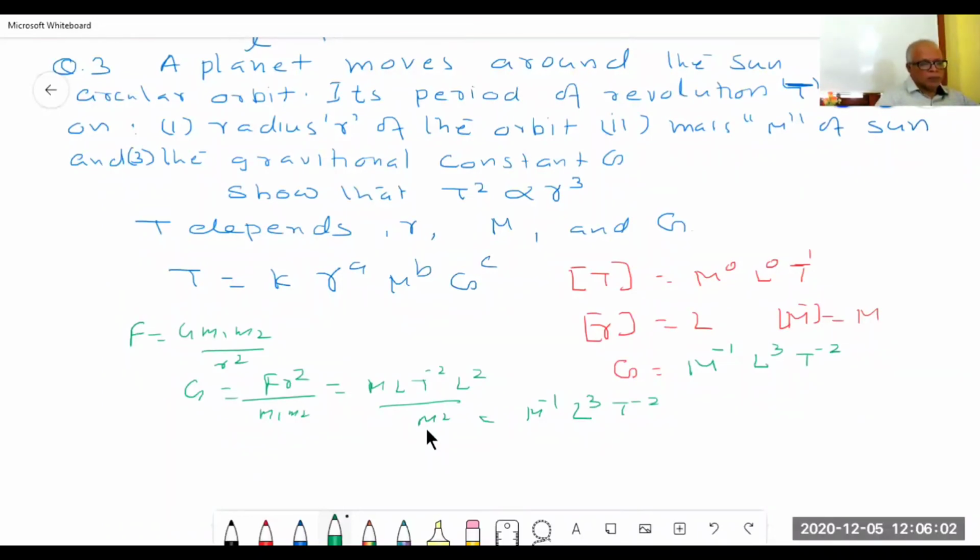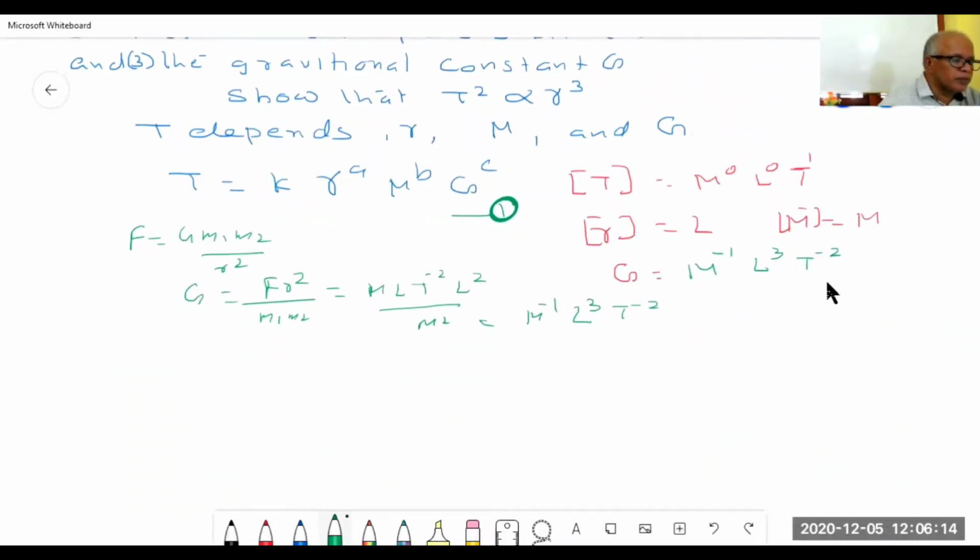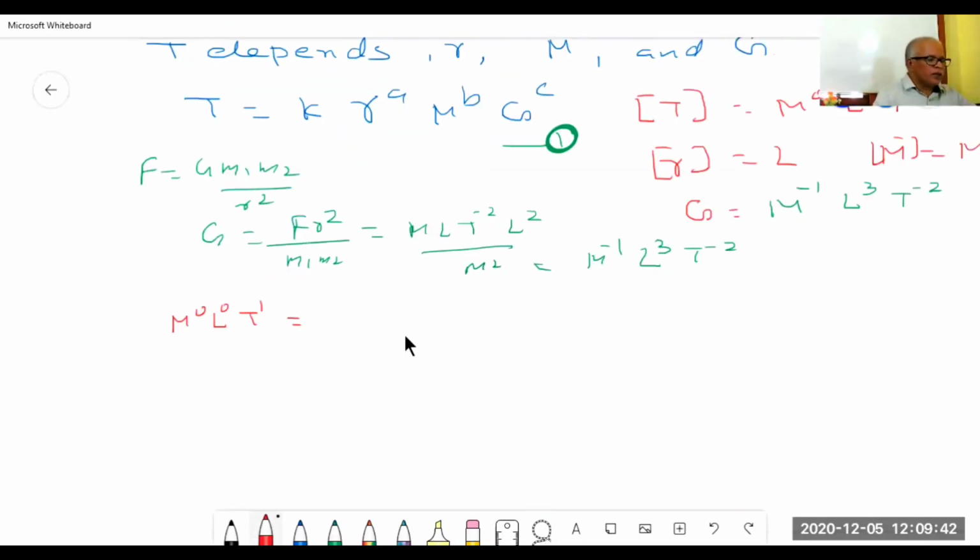Okay. So you put the values in equation number 1. What will you get? You'll get M raised to 0 L raised to 0 T raised to 1 equals k, r is L raised to a, then M raised to b, then G is M raised to minus 1 L cube T raised to minus 2, all raised to c.